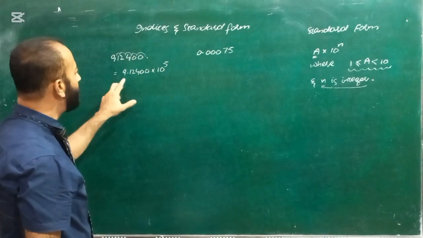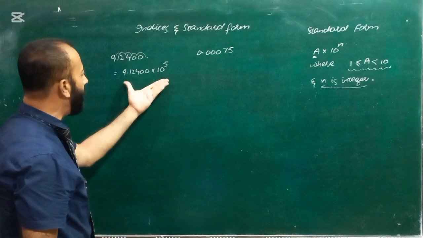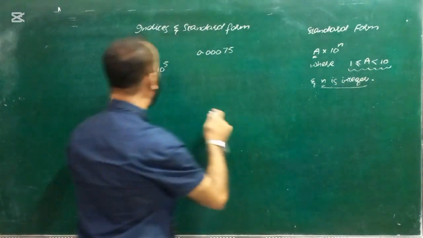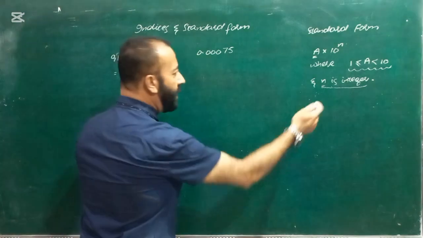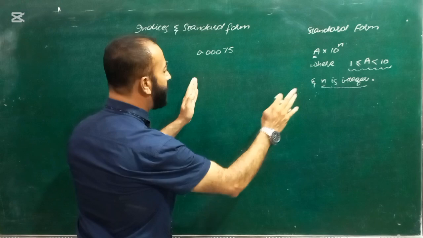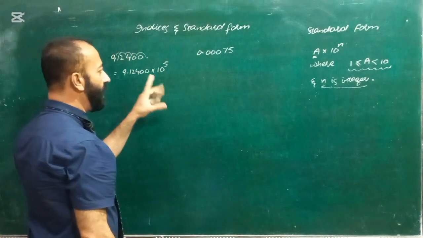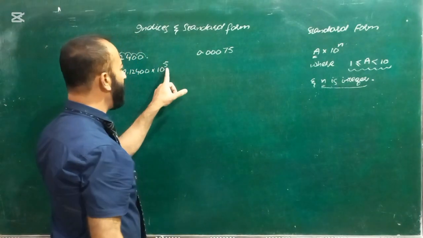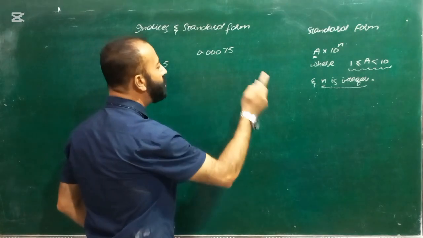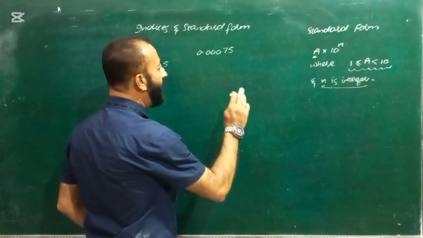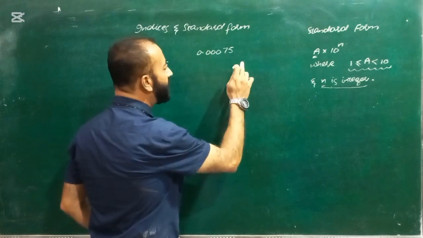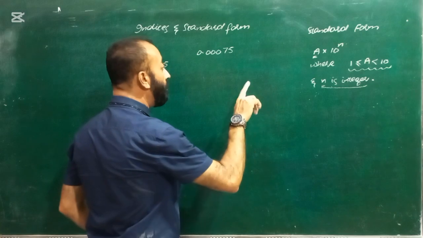So if you look at this now, here is a, that is actually in this limit, and 10 raised to the power n, where n is any integer. Okay, if the point moves towards the right, the reverse will be applied. So if it was plus power, then minus power will be there. So if the point moves towards the right, n will be equal to the number of places the point moved towards the right, but in minus form.